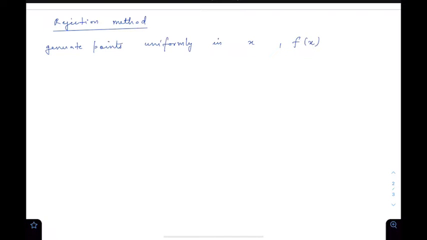So x_i is the randomly generated variable from the interval (a, b). r_i is the randomly generated variable between 0 and f_max. f_max is the maximum value of f(x) within (a, b).